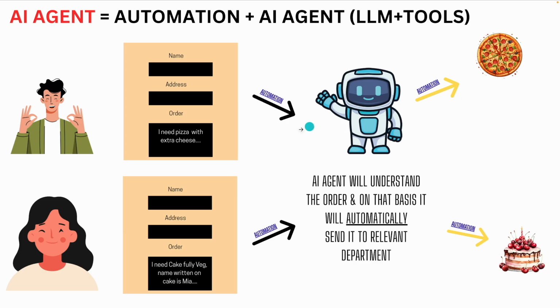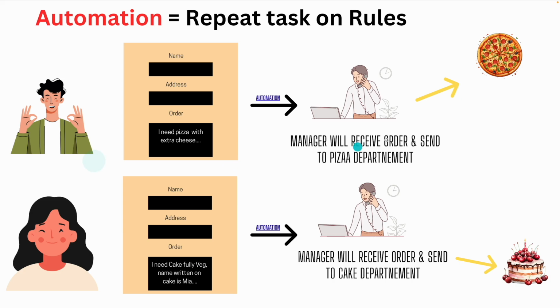So here it will work 24 by 7. But in the case of a person, he can work only particular hours, and you also have to pay them a salary to do these tasks.